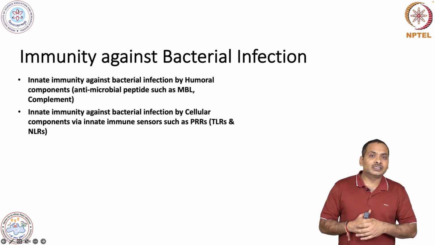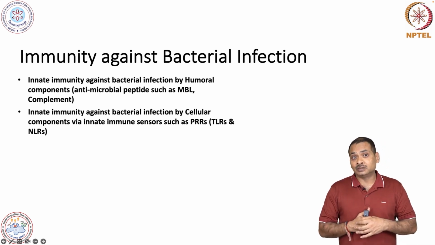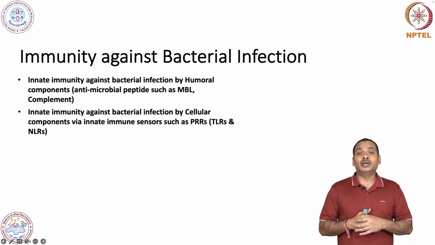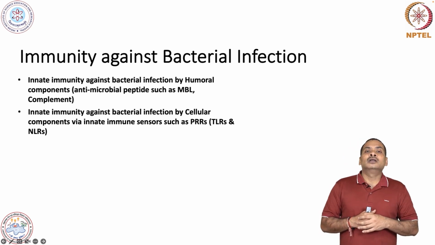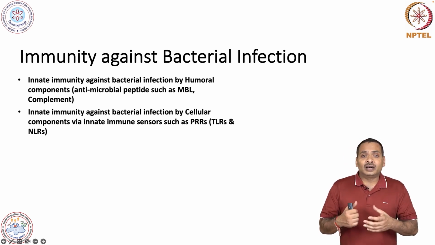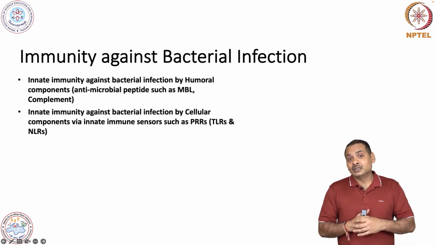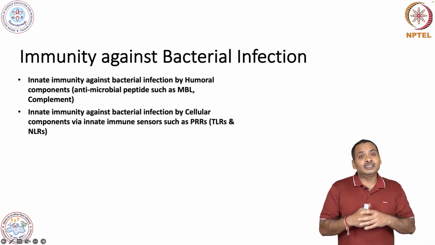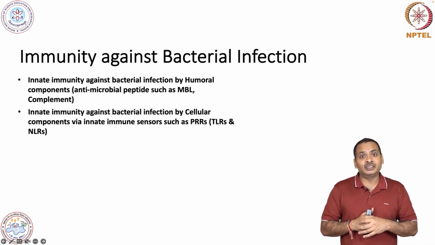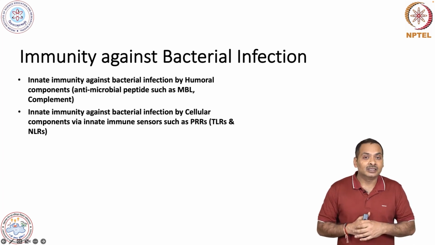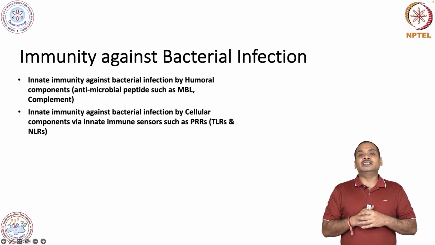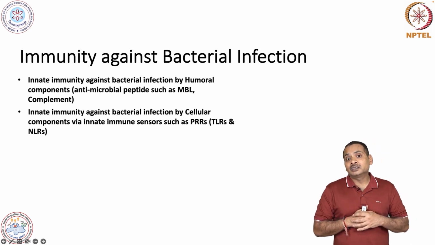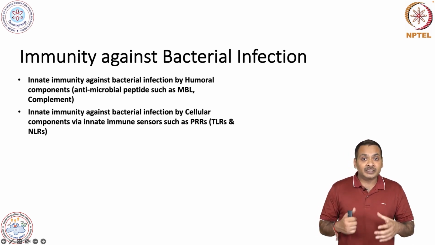TLR 5 senses flagellin protein from flagellated bacteria. TLR 9, if you remember, senses CpG motif DNA, or hypomethylated CpG DNA. So this hypomethylated CpG DNA is also present in bacterial DNA.